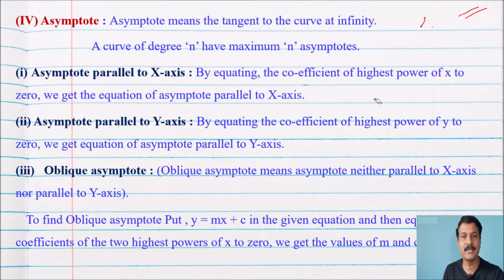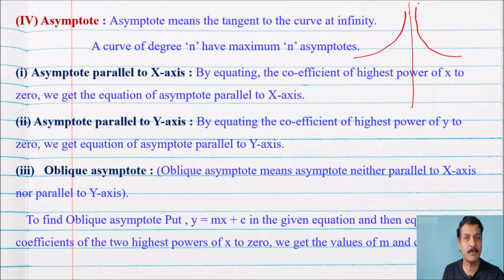Similarly, suppose this line is an asymptote. Our curve will approach this line like this and like this, but the asymptote will not meet our curve at a finite value.